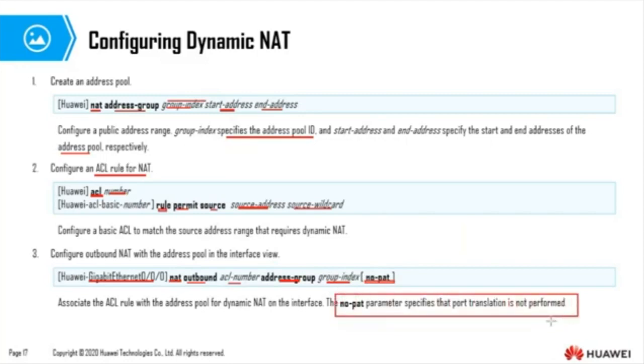We're going to look at what port address translation is just now. But for now, just understand that we must use that command no-pat in order to specify that we are not going to use port address translation.